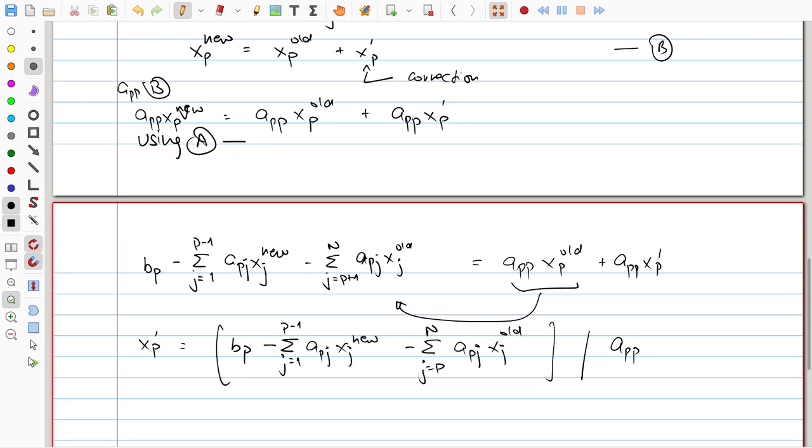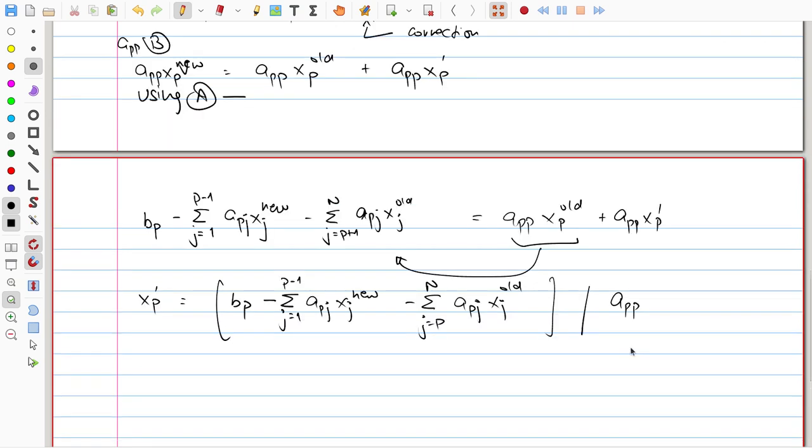I have not done anything new. Earlier, we were writing the expression for xp new. Now, I have used some algebra to write the expression for xp prime. So, I can summarize my iterative technique as: the new guess for the pth term is the old guess for the pth term plus the correction, and this correction is the term in the square brackets, which is actually called the residual.